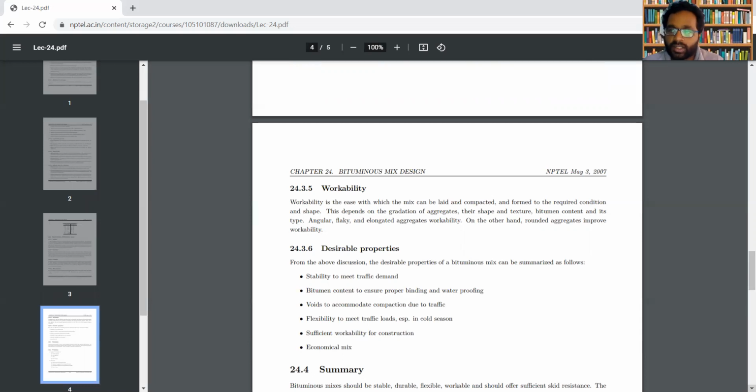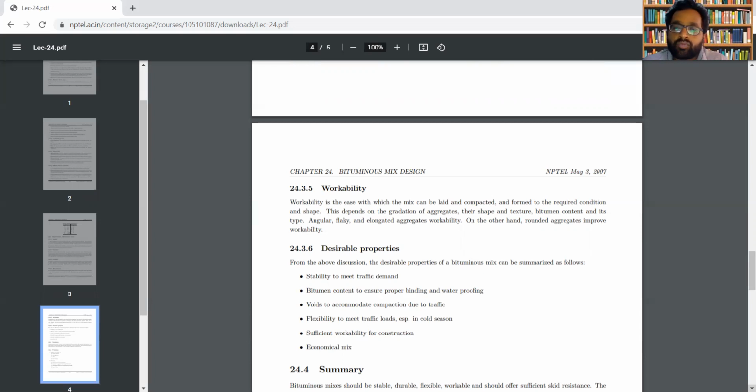Then the bitumen content should be enough to ensure proper binding and waterproofing. So bitumen functions as two things: one is a binding agent, which will bind the aggregates together, and also it will act as a waterproof layer and prevent the entry of water.